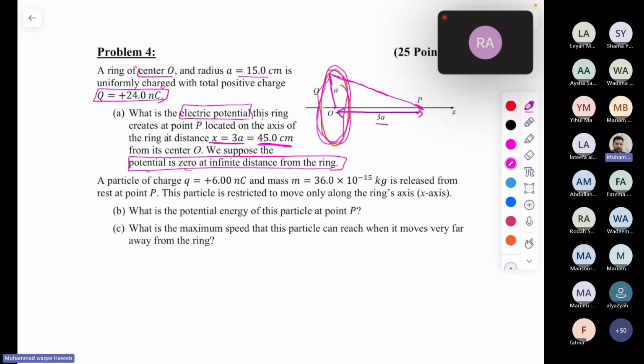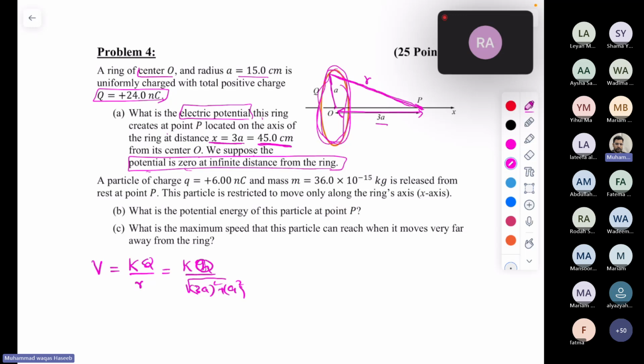So what is this distance? Like what we did in the past, by making a right angle triangle. So the potential should be k q over r, and this distance r is nothing but the square root of 3a squared plus a squared.